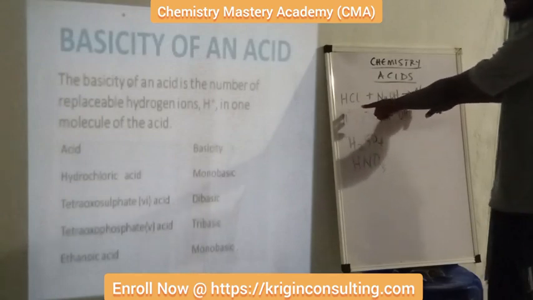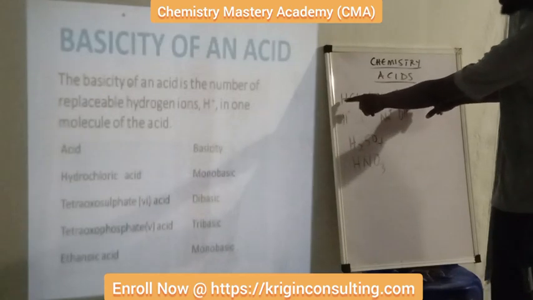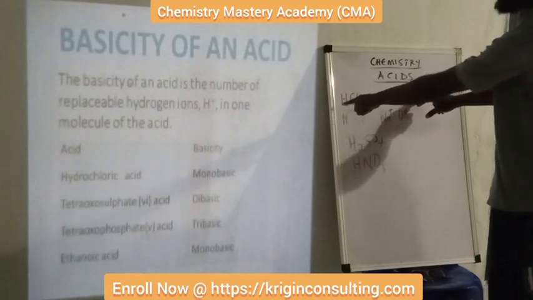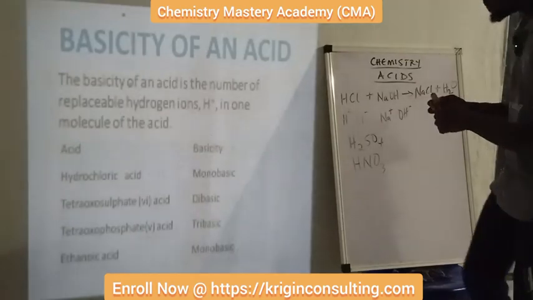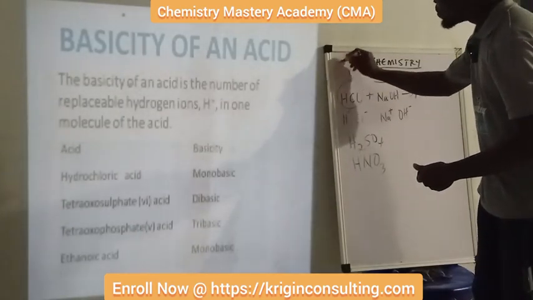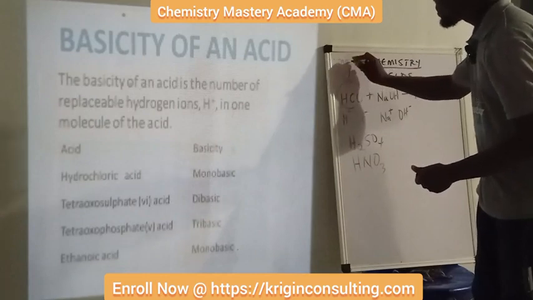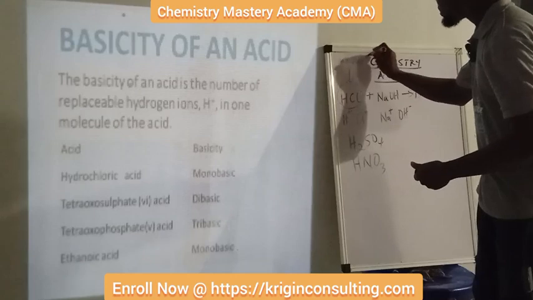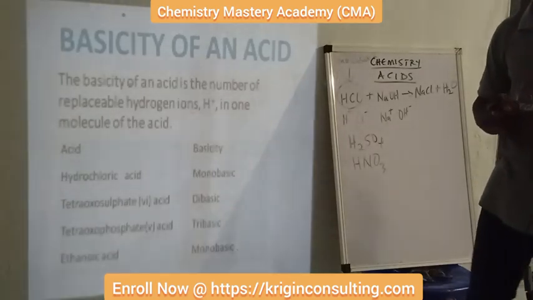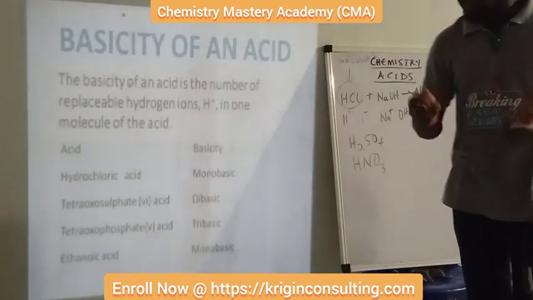That means the Na, that is sodium, took the place of hydrogen. Now, how many hydrogen did it replace? 1, right? So it means that this HCl is monobasic. That means the basicity is monobasic.